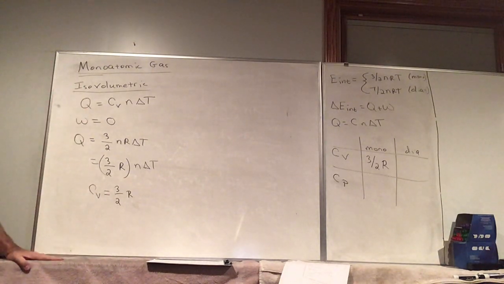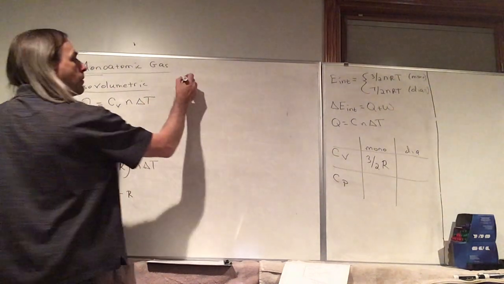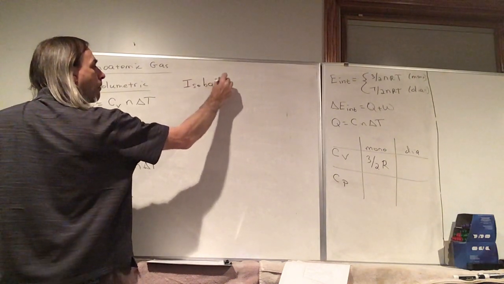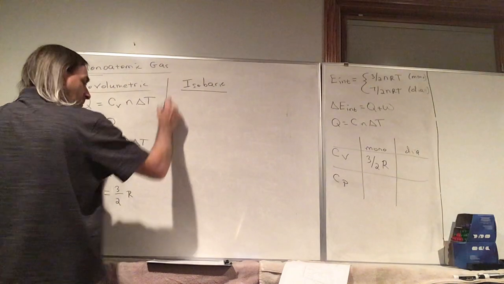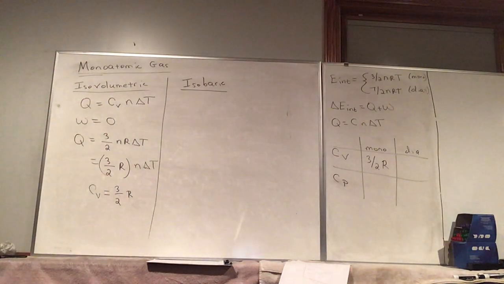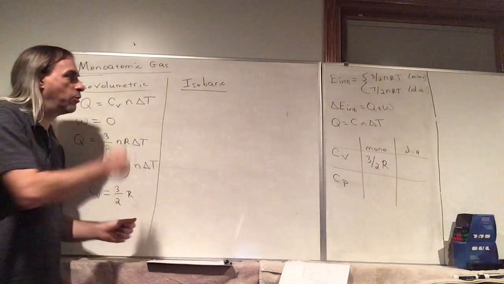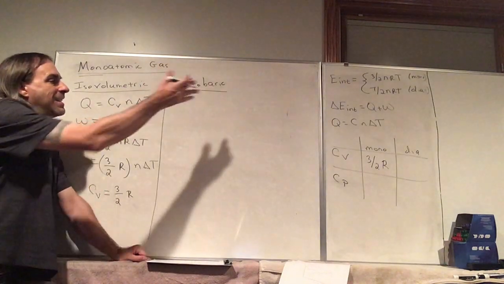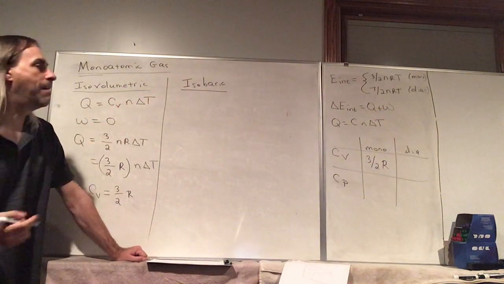So we're done for a monatomic gas looking at this isovolumetric process. So now what I want to do is look at an isobaric process. Okay, so an isobaric process, remember isobaric, barometer, think pressure. This is constant pressure.